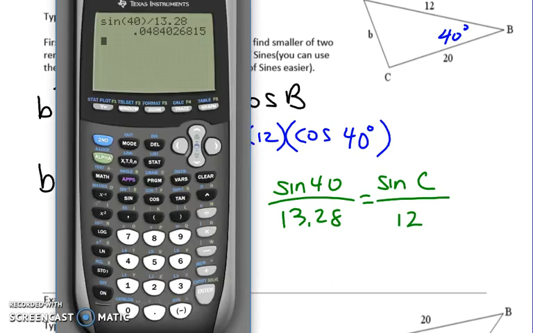In your calculator, put in the sine of 40 divided by 13.28, you get a value, multiply by 12. Now do the inverse sine, second sine. And it tells me that angle C is measured at 35.51.